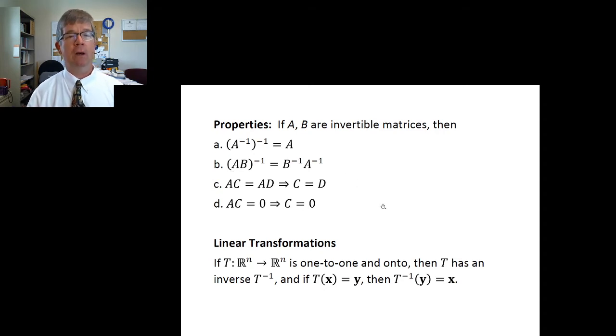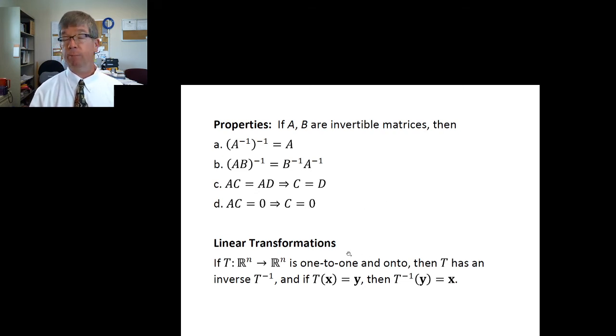Okay. Now, one of the things we've talked about earlier is that linear transformations are functions from one Euclidean space to another, Rn to Rm, and they preserve vector addition and scalar multiplication. We also talked about the fact that a linear transformation can always be written as a matrix multiplication, and that's where we're headed next.